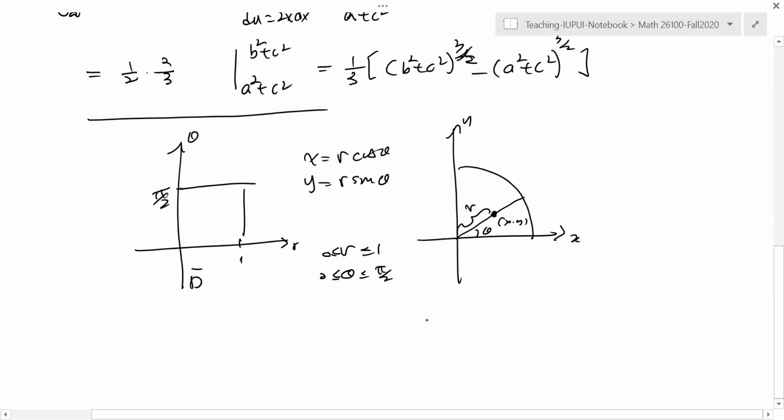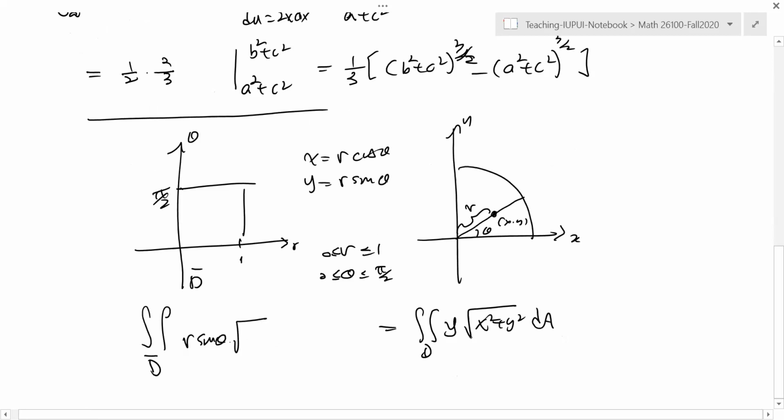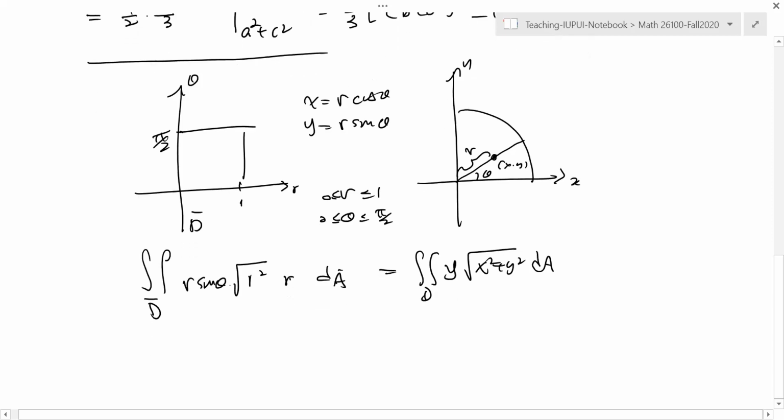So the double integral over here is going to go back to the double integral over D bar, and y is going to be r sine theta, and the square root of x squared plus y squared is r squared, and then you have dr here and dA bar. So this double integral is easy to check.